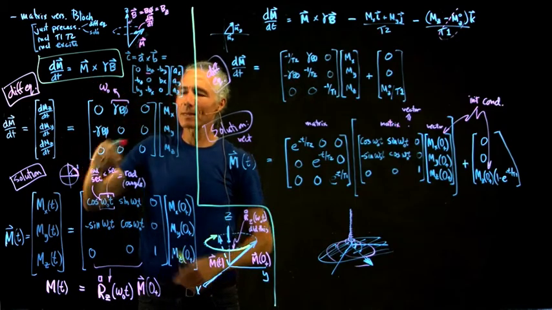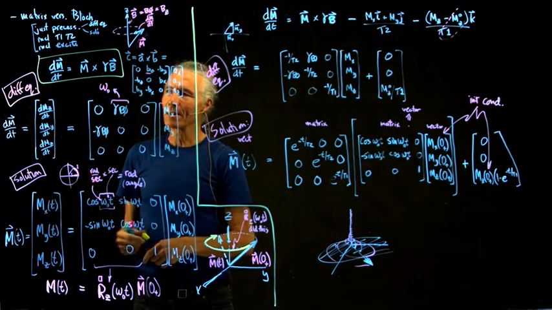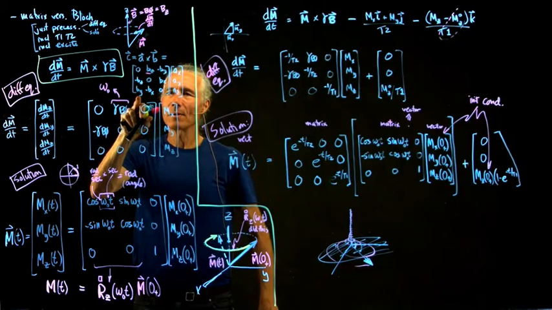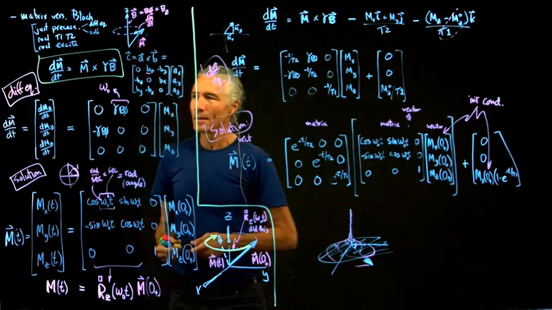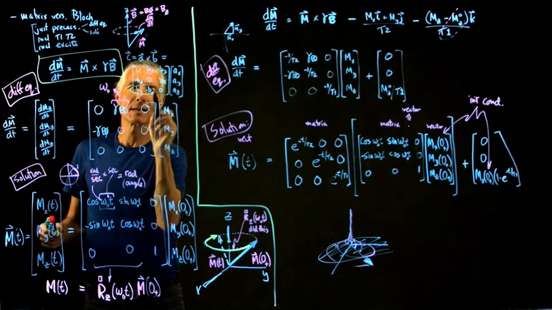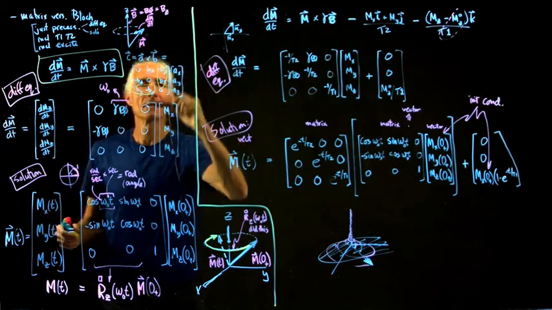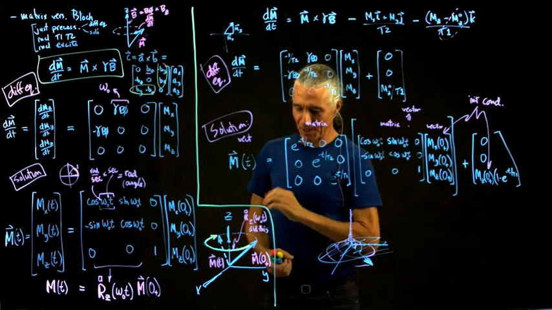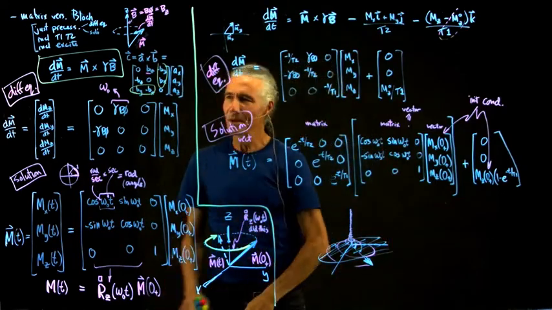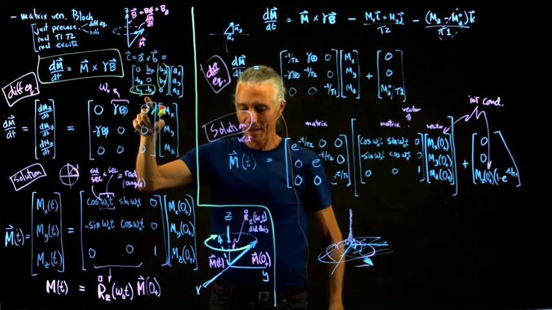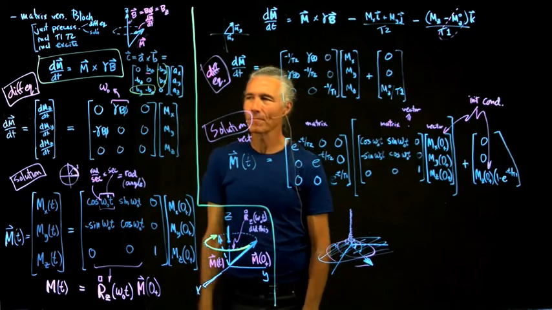In this derivation, we were assuming that the x and y components were 0 because there was no B1 field. So there's just enough numbers in the matrix to put in the x and y components of the B1, and that's where it would go.